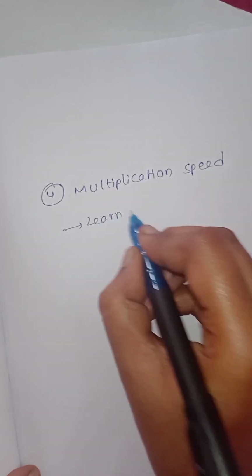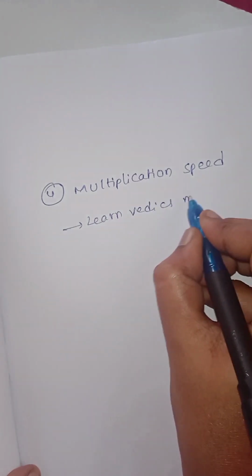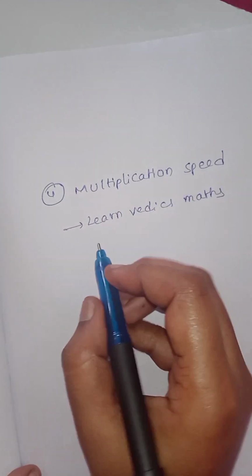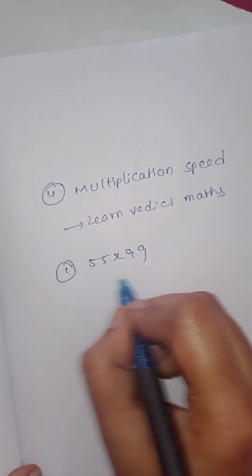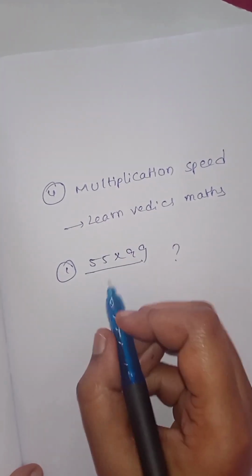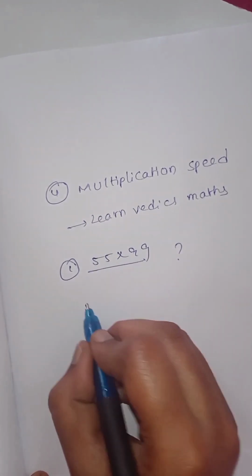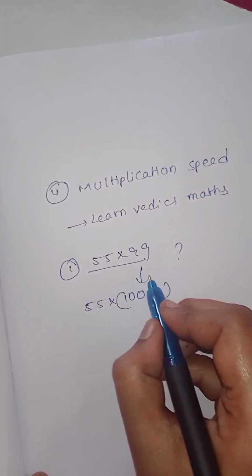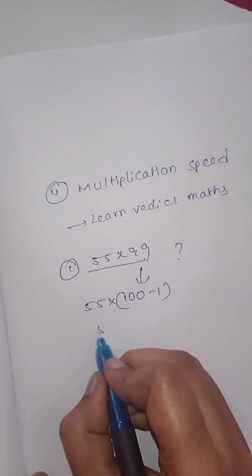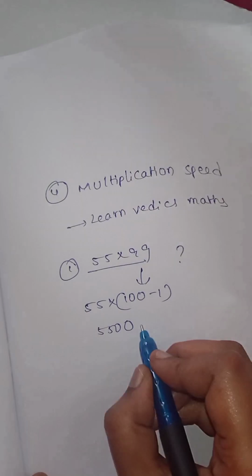And tip 4, multiplication speed. Learn Vedic maths for multiplication speed. You have lots of videos on YouTube. Try to learn multiplication speed. How can we solve multiplications in a simple way? I will give a small example. 55 into 99, how can we solve this question?